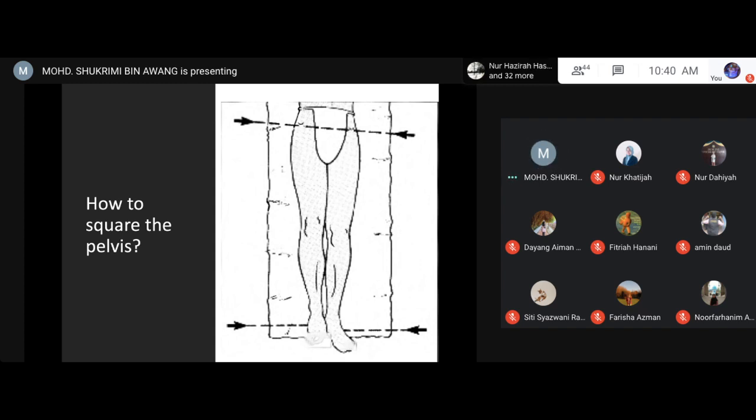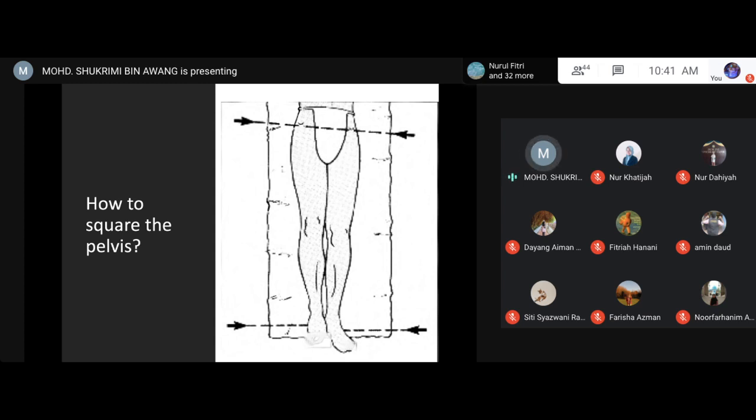We don't measure while the patient is standing. Now you notice while the patient is lying supine, the pelvis is not square, and the legs appear to have a discrepancy. One is longer, one is shorter. So the prerequisite before you do a true length measurement is that you must make sure the pelvis is level first. Otherwise, your measurement will be inaccurate.